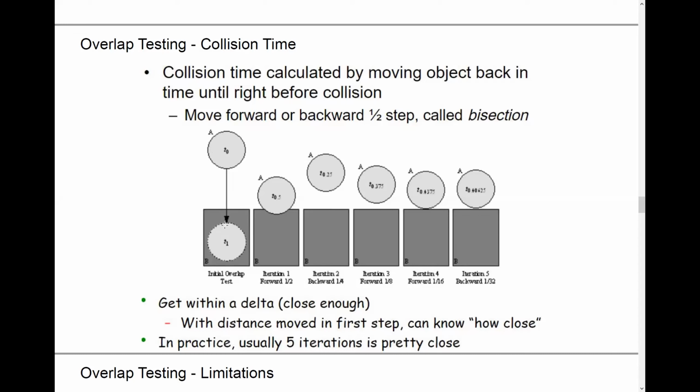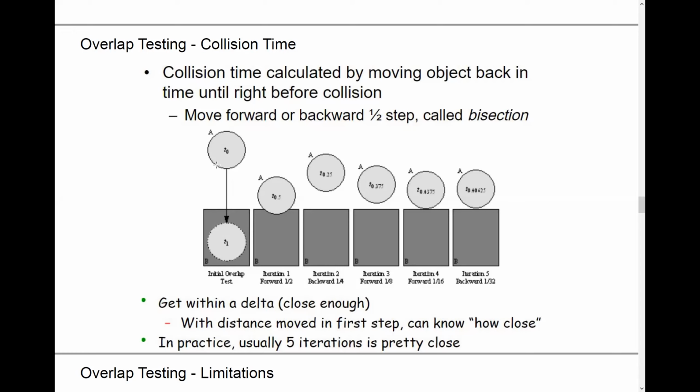At the very first part, we have done the initial overlap test. Then we need to move backwards or forwards so that we come to the position right before the collision.